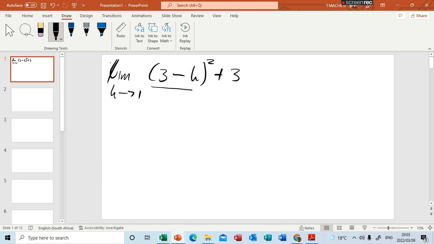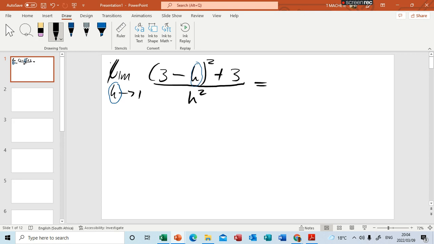Okay, over h squared. You're going to do the same thing that I showed you. You see the difference? Now it's h instead of x, guys. Nothing has changed. Instead of x, they put h.